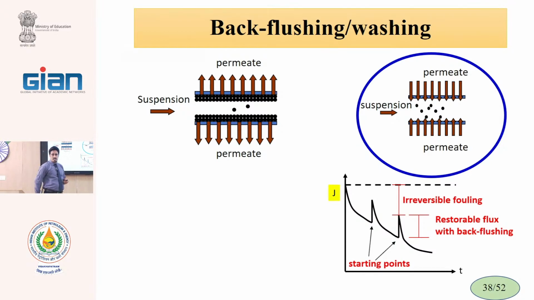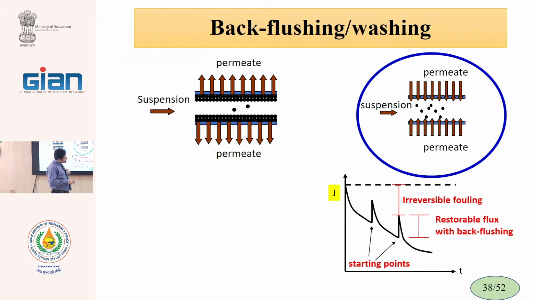For washing and cleaning, we measure the pressure drop or flux drop. Our flux, for example, is 100. When it reaches 50, we say that our membrane should be cleaned. And this time may be 1 day for UF or 6 months for RO.